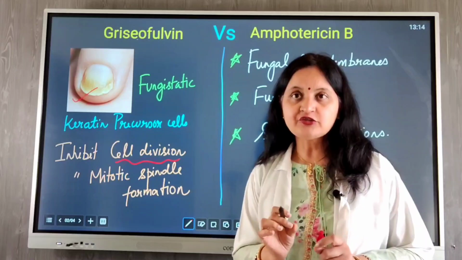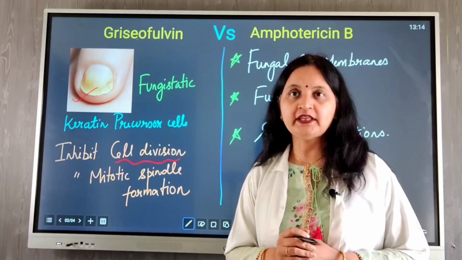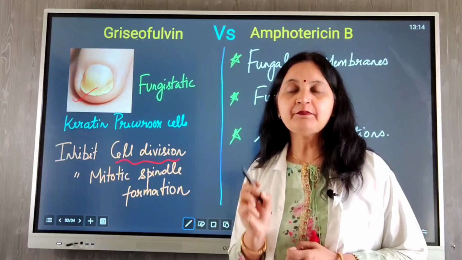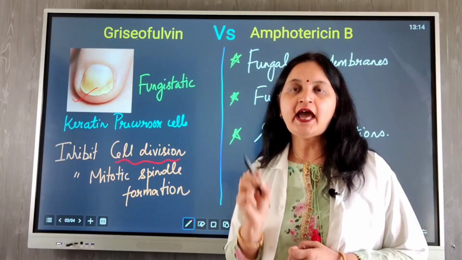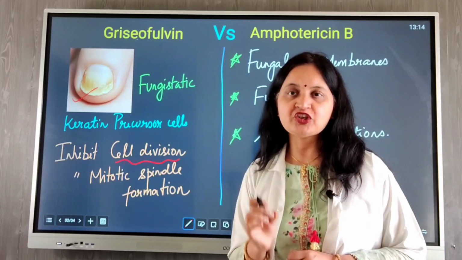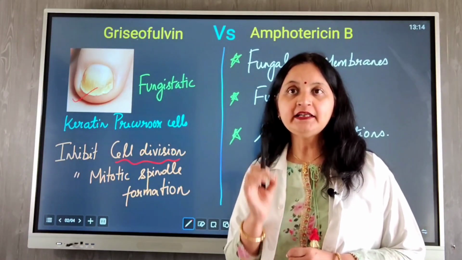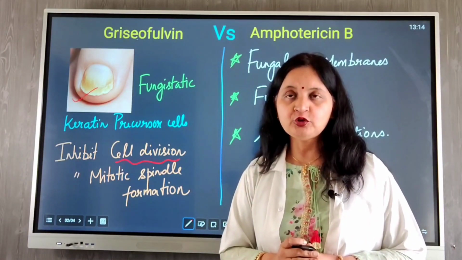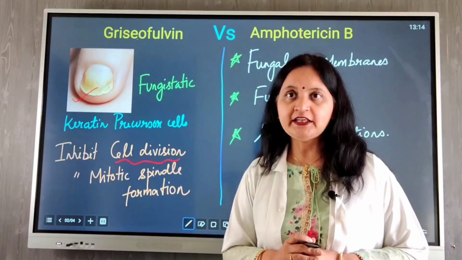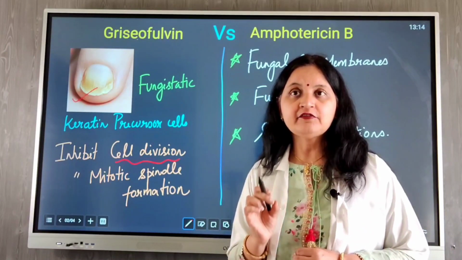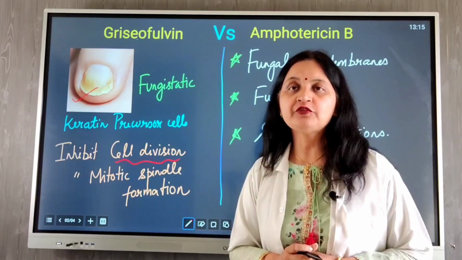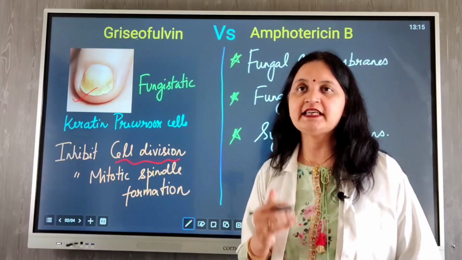Because it gets attached to microtubule associated protein, it inhibits the formation of mitotic spindles, thereby inhibiting cell division at metaphase. So Griseofulvin acts by inhibiting cell division at metaphase by inhibiting microtubule formation, and it acts because of its property to bind to the keratin-rich cells of the skin, hair and nails, and therefore it is used for treating superficial infections of the skin and nails.